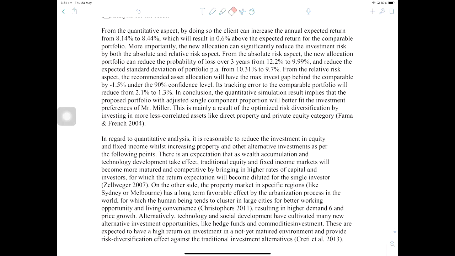Anyone would like to say? If I want you to grade this assignment, is it a fail? No, absolutely not a fail. Is it high distinction? So somewhere between pass or credit.